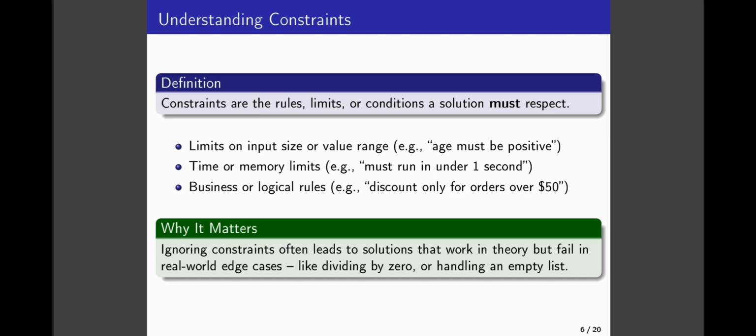Why does this matter? Because ignoring constraints often leads to solutions that work perfectly in theory but completely fall apart in the real world, such as dividing by zero or trying to process an empty list. Thinking about constraints early saves you from errors and bugs later.